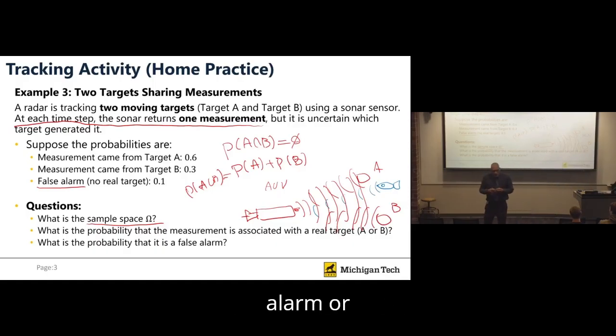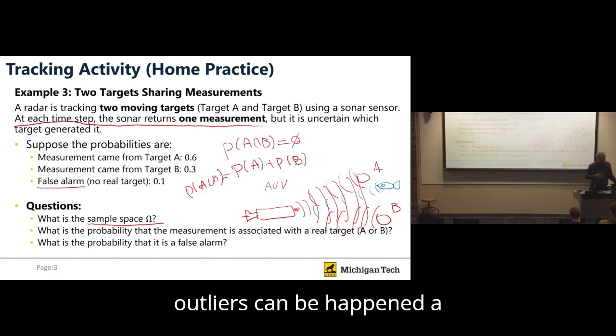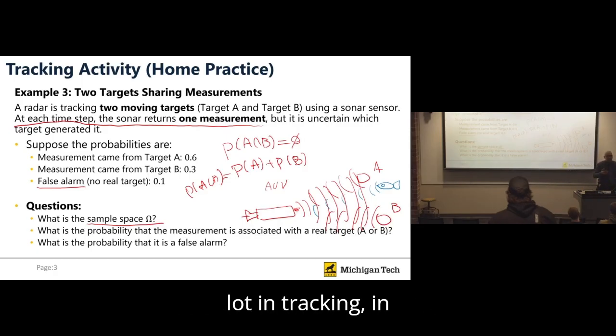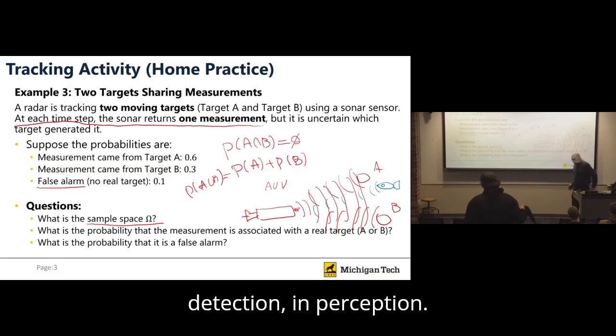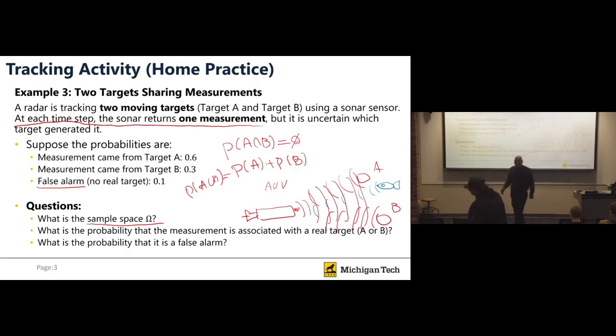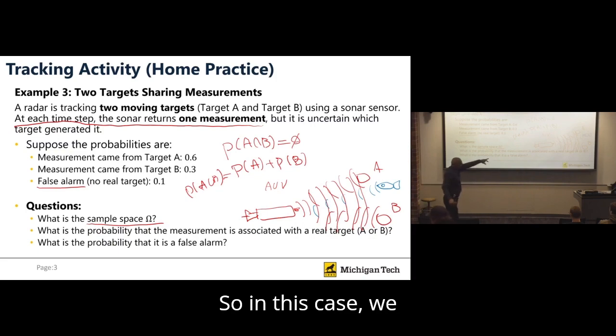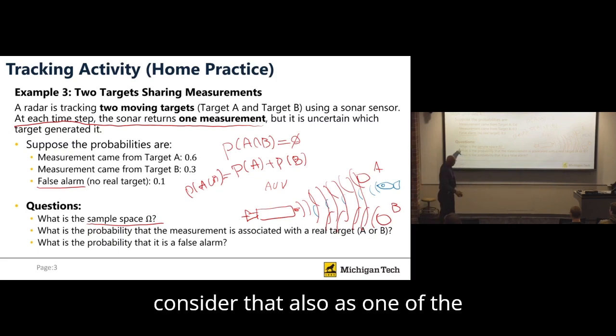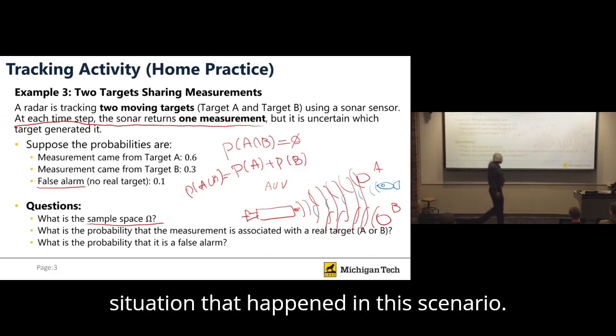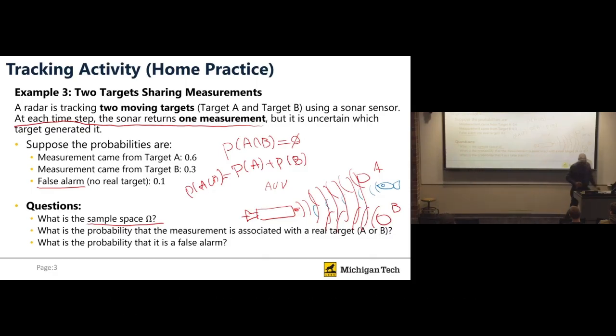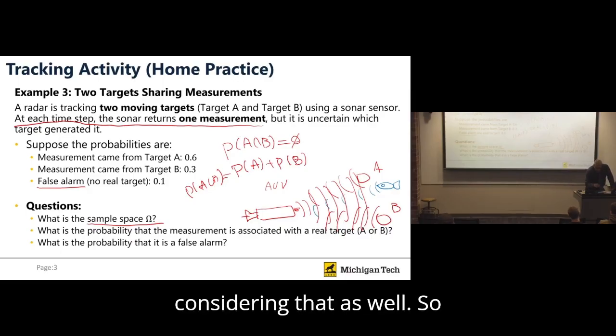False alarms or outliers can happen a lot in tracking, in detection, in perception. So in this case, we consider that also as one of the situations that happen in this scenario. So the sample space is considering that as well.